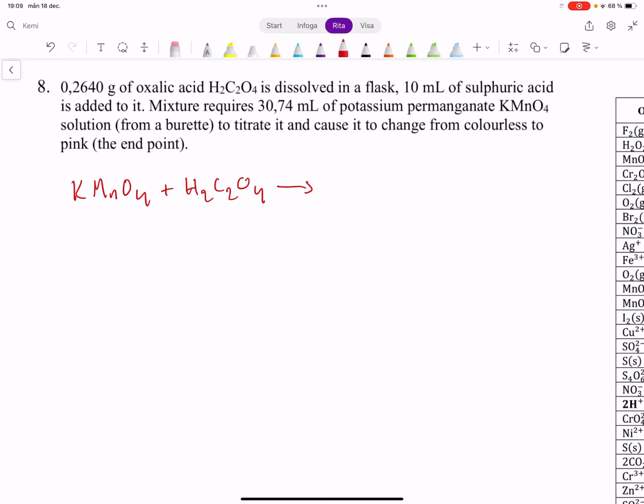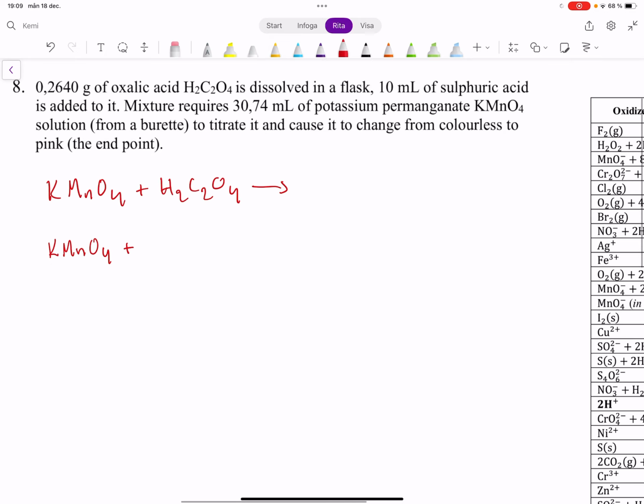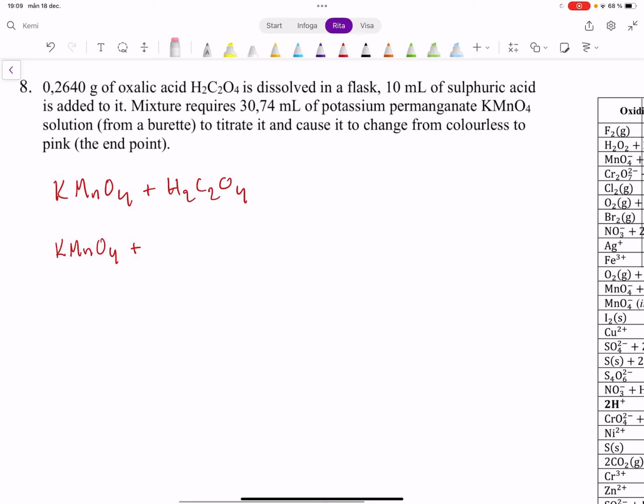So what we do is called half reaction equations. This is in an acidic environment. This is important.